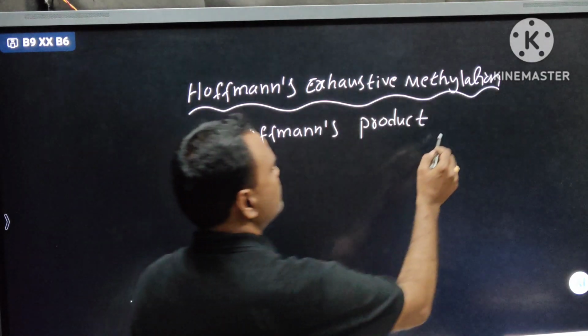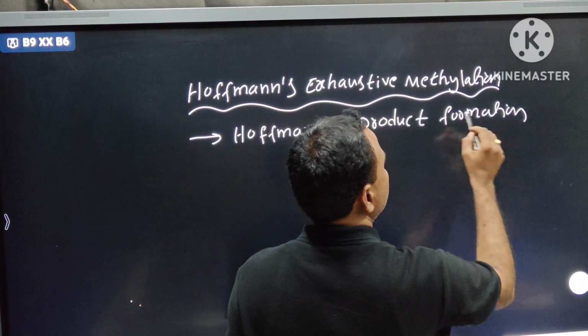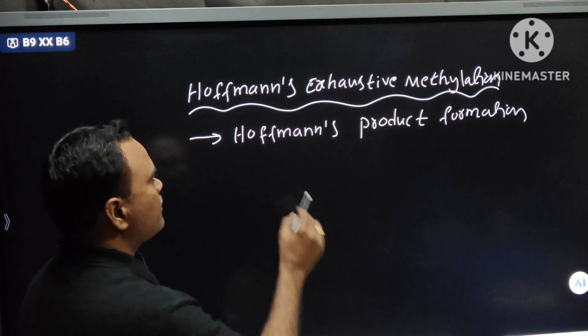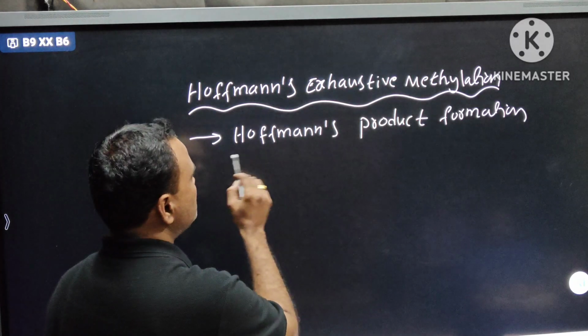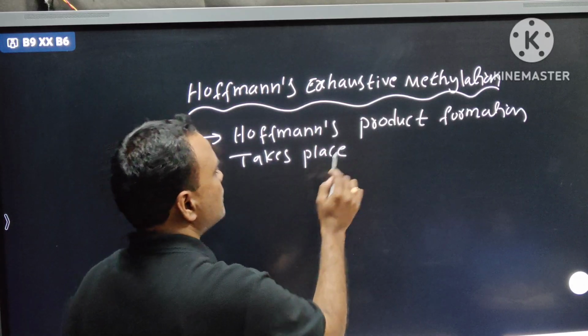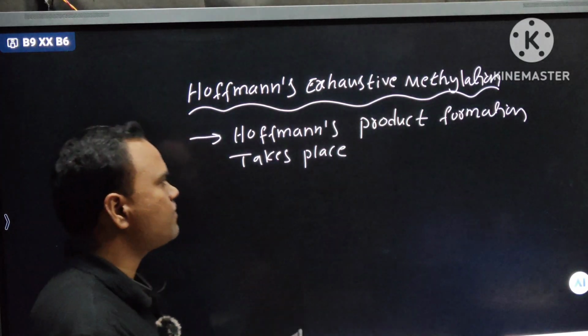Hoffman's product is the less stable alkene. Hoffman's product formation takes place. Hoffman's product means less substituted alkene. In the PDF I gave the mechanism, but you need not follow the mechanism.